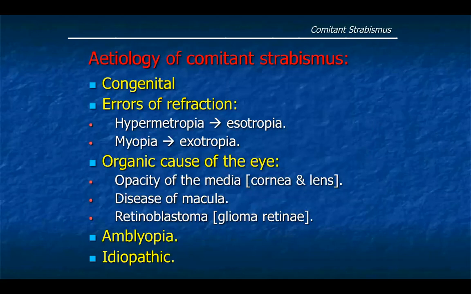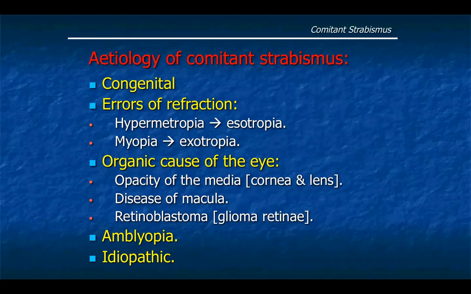And the fourth cause of comitant strabismus is amblyopia. In amblyopia, there is poor vision in one eye, so the brain does not maintain muscle balance on this eye anymore, and the eye starts to squint. So amblyopia causes strabismus, and strabismus can be a cause of amblyopia too if unilateral.